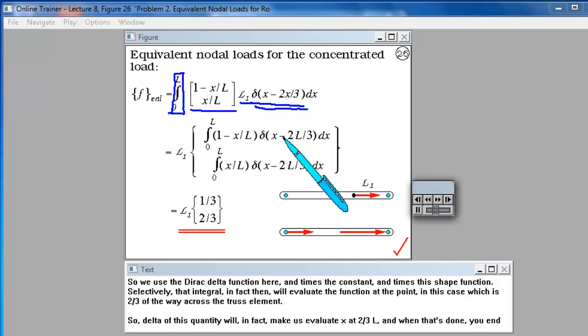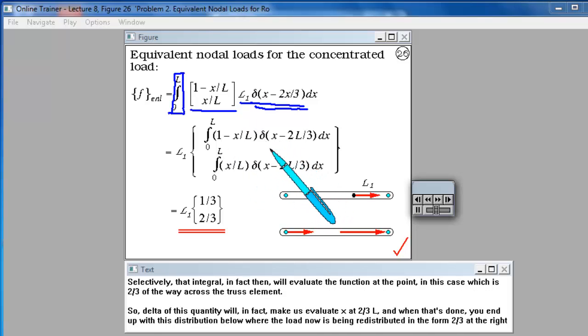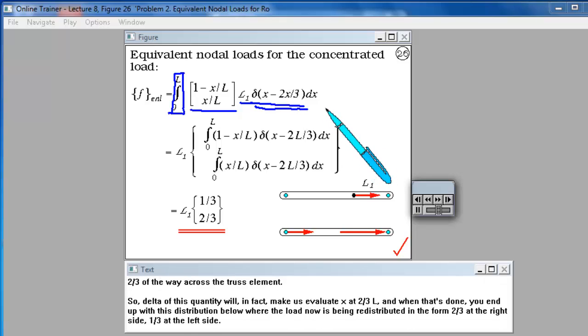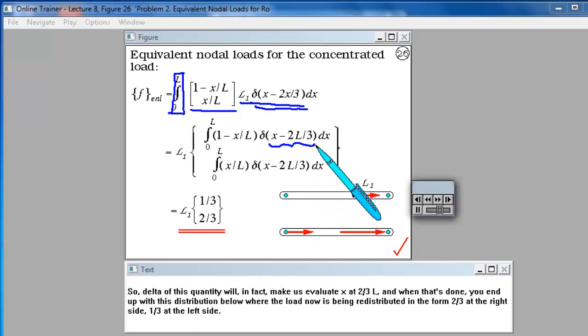That integral will evaluate the function at the point, in this case 2/3 of the way across the truss element. So delta of this quantity will make us evaluate x at 2/3 L.